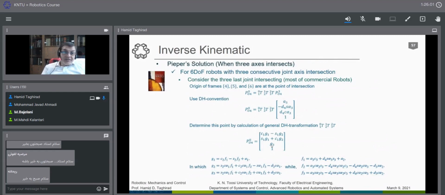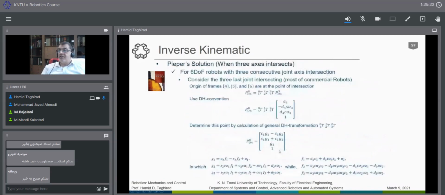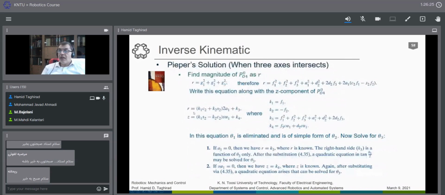But this equation doesn't include theta 1, and that makes life much easier. Not only using the whole thing, we call the Z component as well. So we have three components here. The Z component is written here, and as you see, the Z component is much simpler in here.